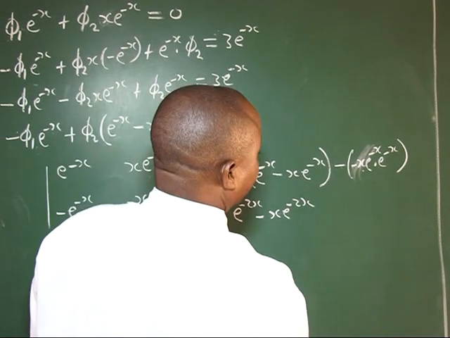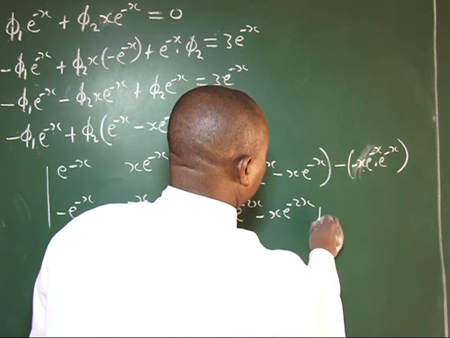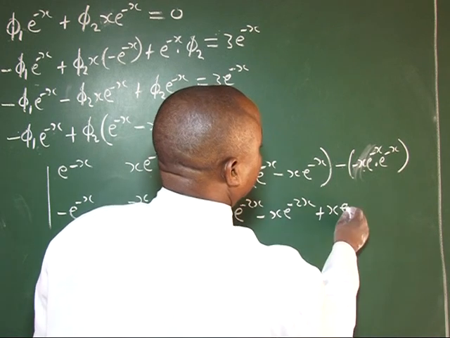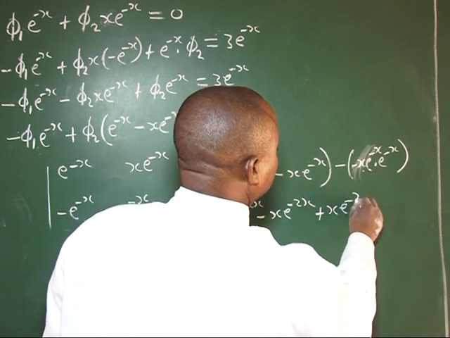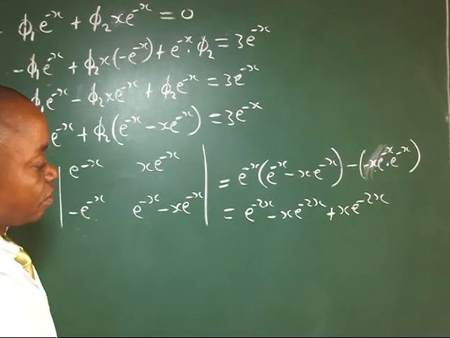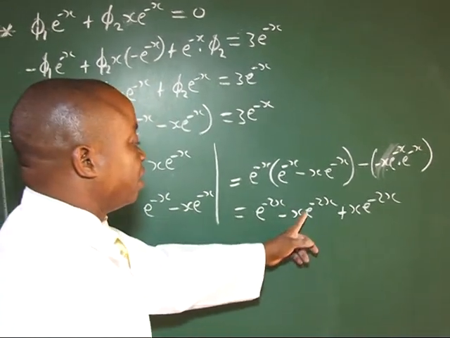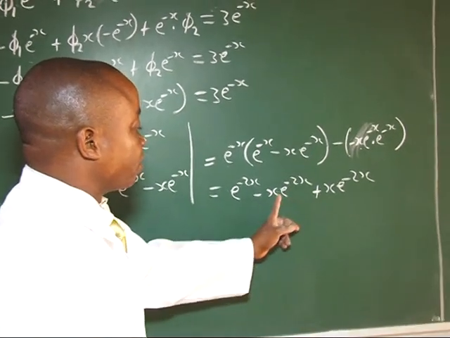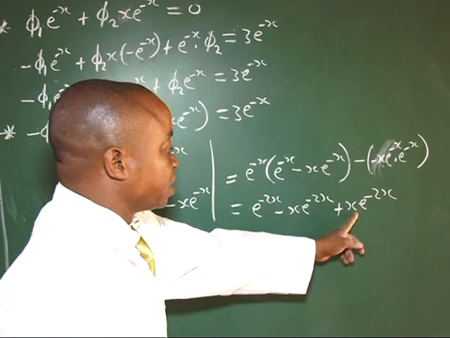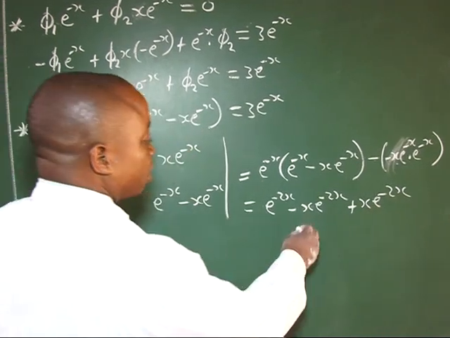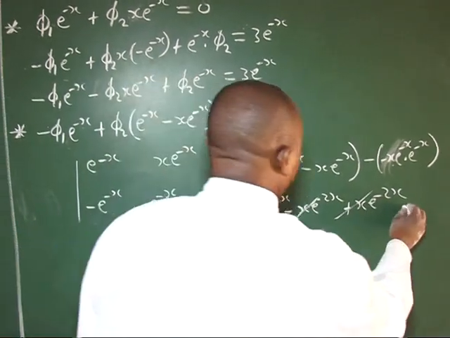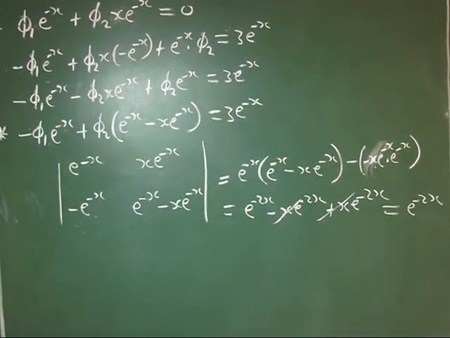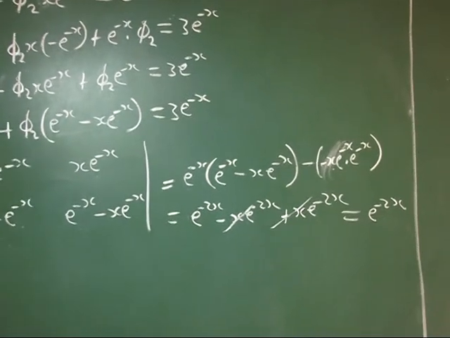Then this will give us plus x e^(-2x), yes, we have x e^(-2x) plus, minus x e^(-2x) plus x e^(-2x). So this one and this one will go. What we have here is e^(-2x). That is the determinant, e^(-2x).